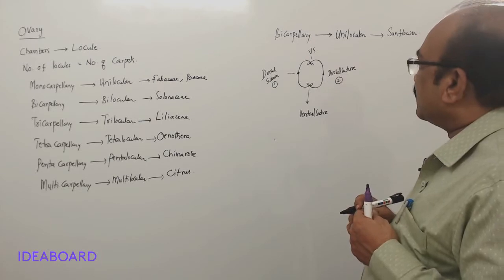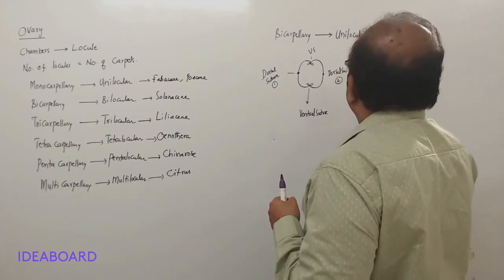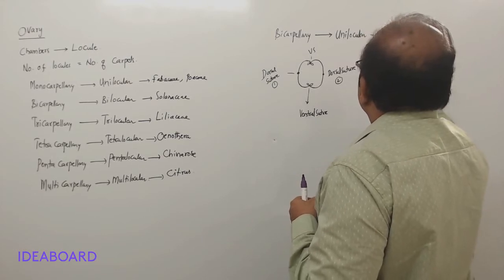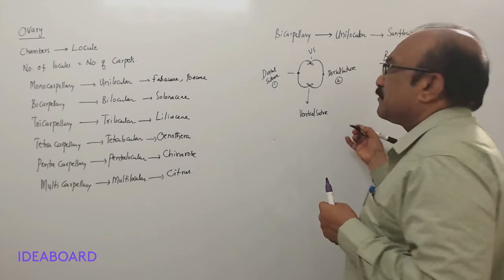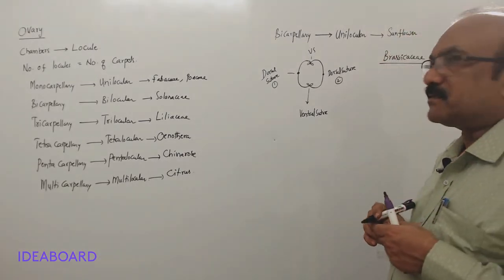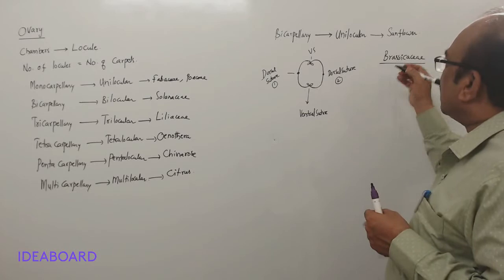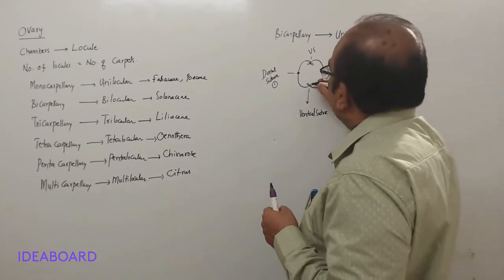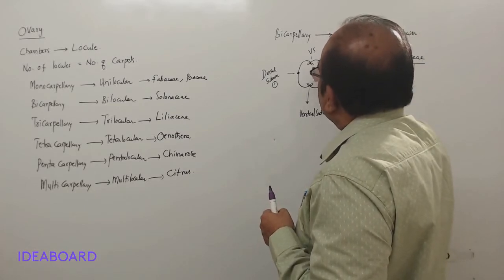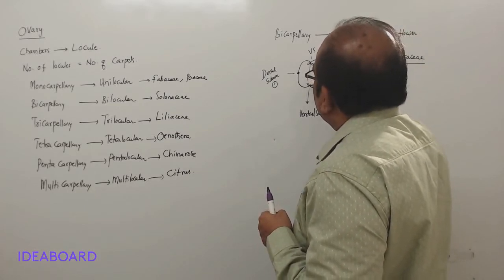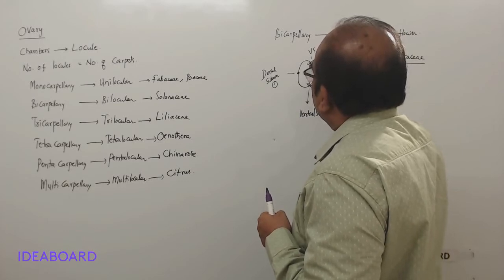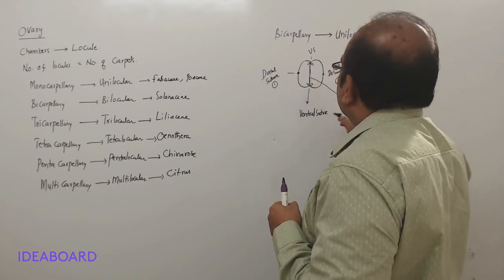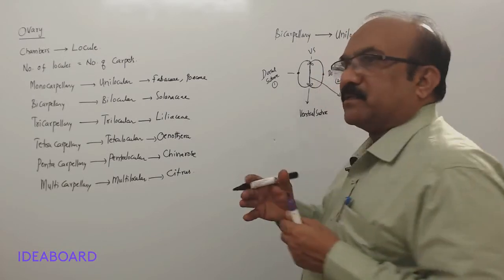And remember, we have to take one example of the Brassicaceae family, and Brassica, that is mustard, is an example of this family. In that, while this ovary is developing, one septum will develop, septum means the wall.